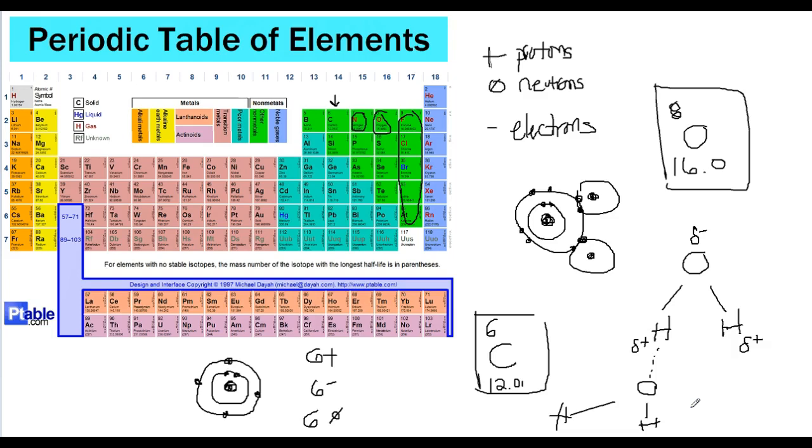Just like the sodium with the positive charge, which has one more proton than electron because it gave up an electron, and the chloride, which picked up the extra electron, has a negative charge. Those are full charges.